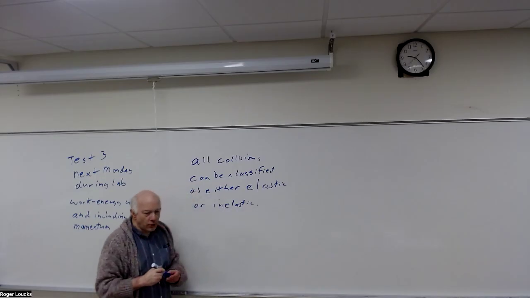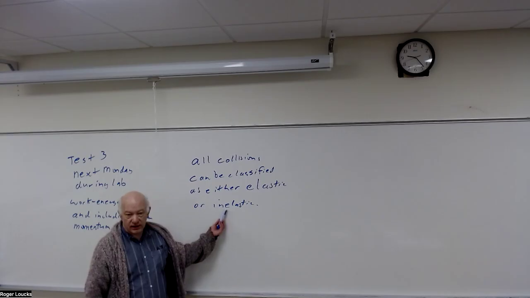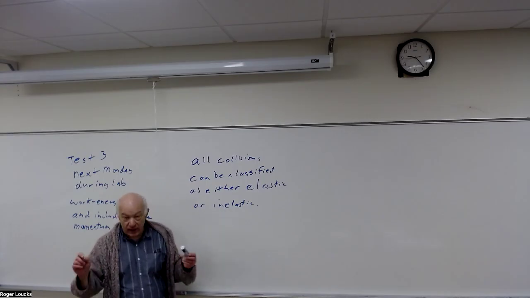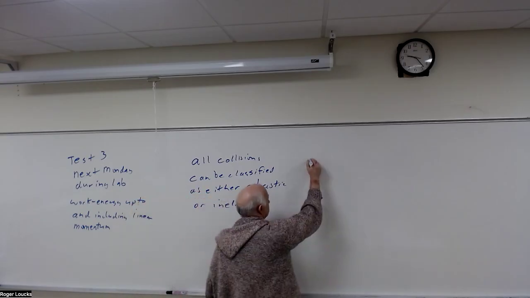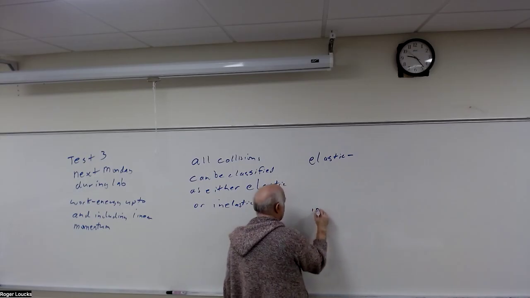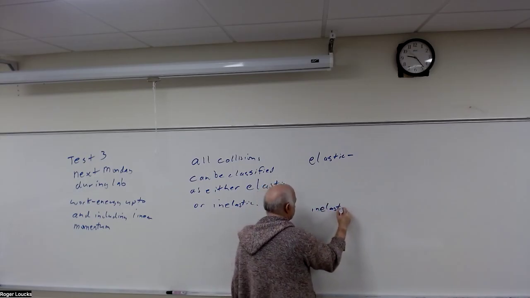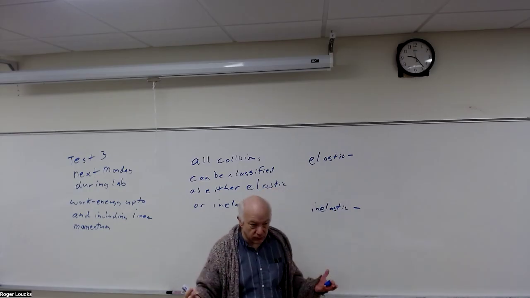And just so you know, it's very hard to have elastic collisions. Almost everything in real life is inelastic. You can have elastic, and they're important, and I'm going to show you how to deal with this. So let's write elastic here, and inelastic here. Okay, and in both of them momentum is conserved.